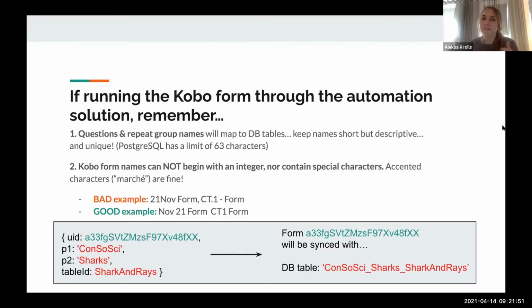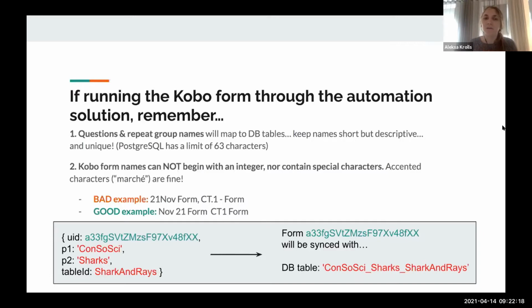And then the other consideration: Kobo form names cannot begin with an integer or contain any special characters. This is again just because of some limitations in the database. If you're setting up a database table, they don't allow us to have weird characters like periods, commas, dashes, or lead with numbers. We have a couple of examples on the screen.